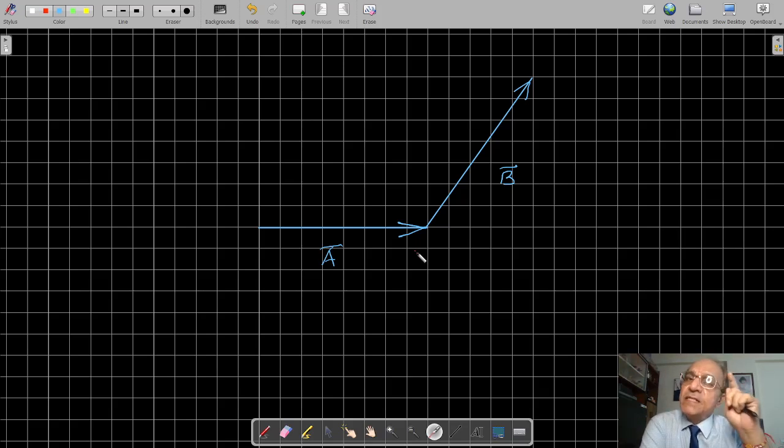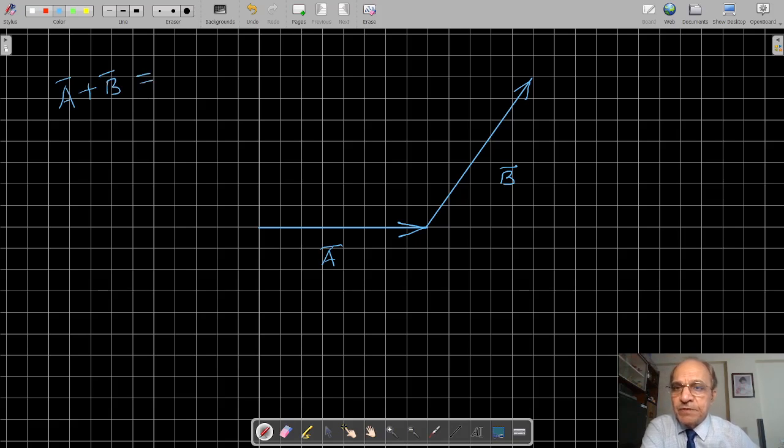The effect of that single vector and the effect of these two individual vectors A and B would be exactly the same. Then that single vector will be known as the resultant vector of A and B, and that we call A plus B. So that is the meaning of the word vector addition.